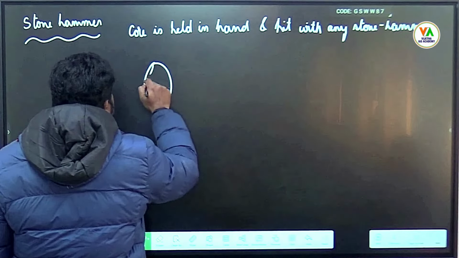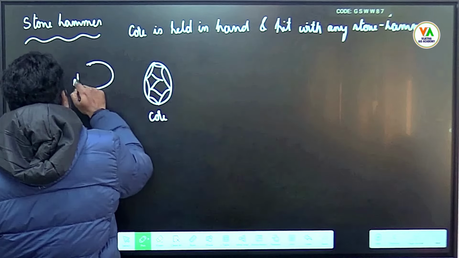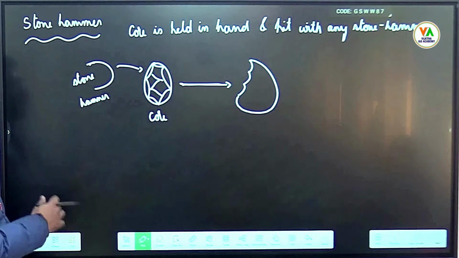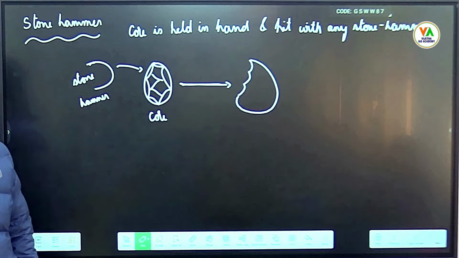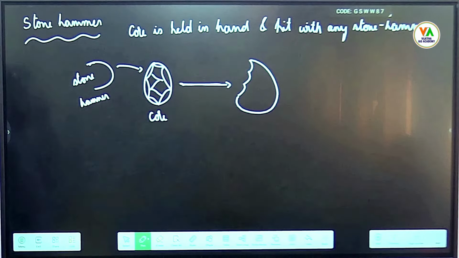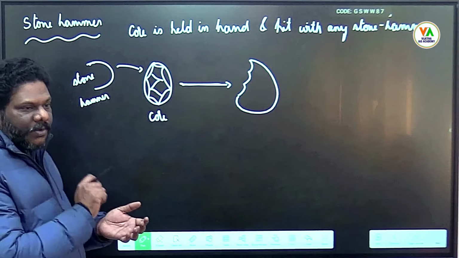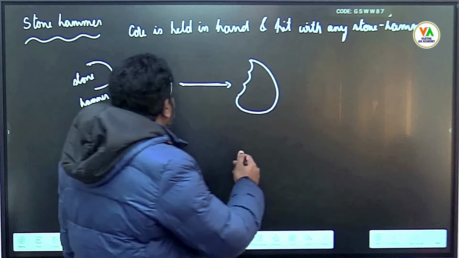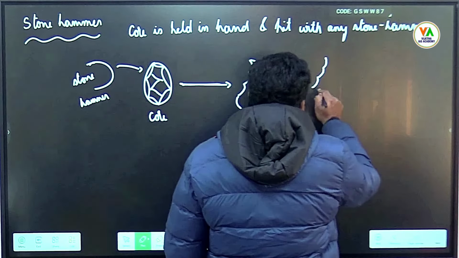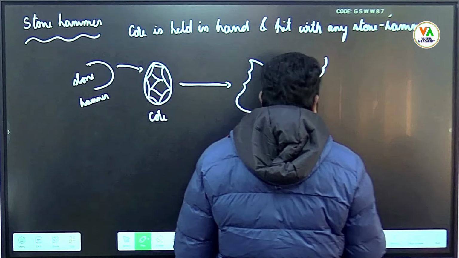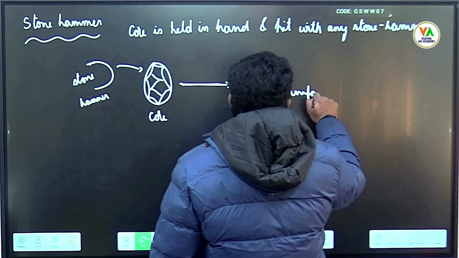So this is core, and by means of a stone hammer hitting on it, one can remove these edges from a particular place, because you are able to see and you are able to hit it, isn't it? And by this means you can also remove from both ends also, but both ends, other end will get cut. So you can say these are unifacial.